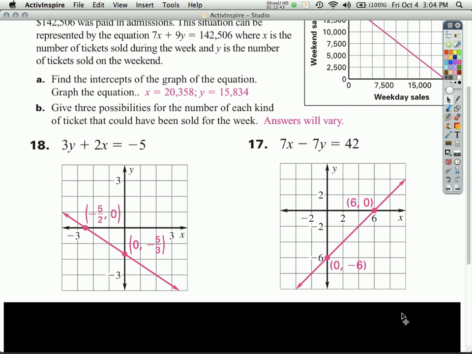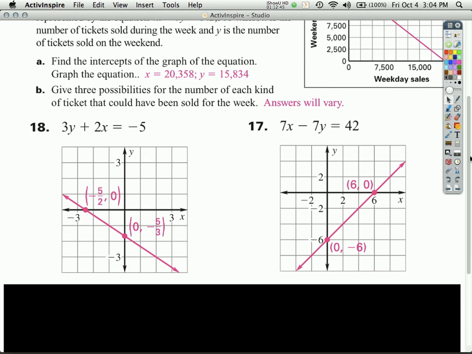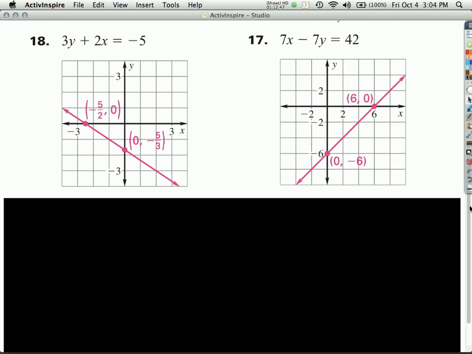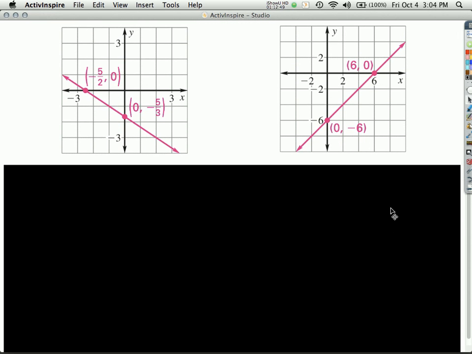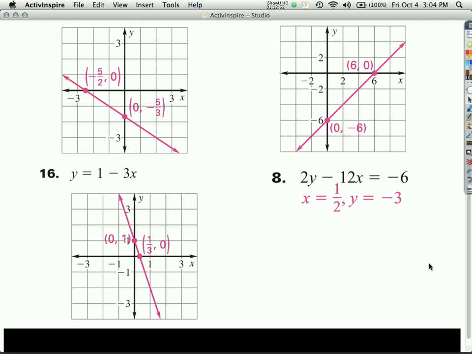And the last two questions. Number 16 and number 8. All you were asked to do is find the x-intercept and y-intercept.